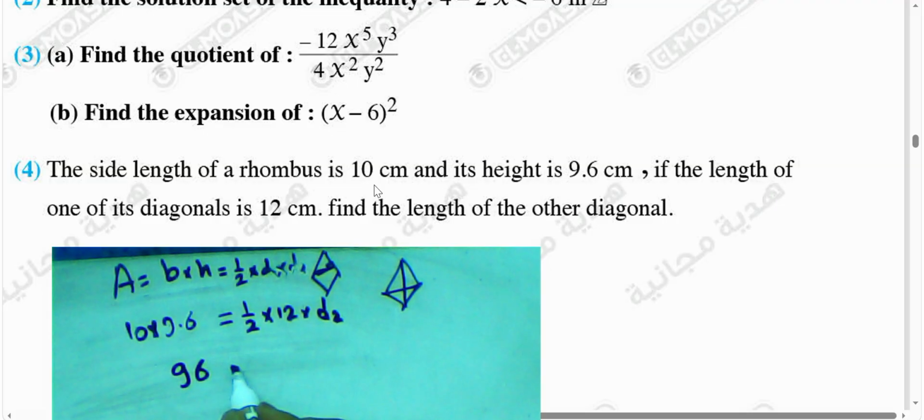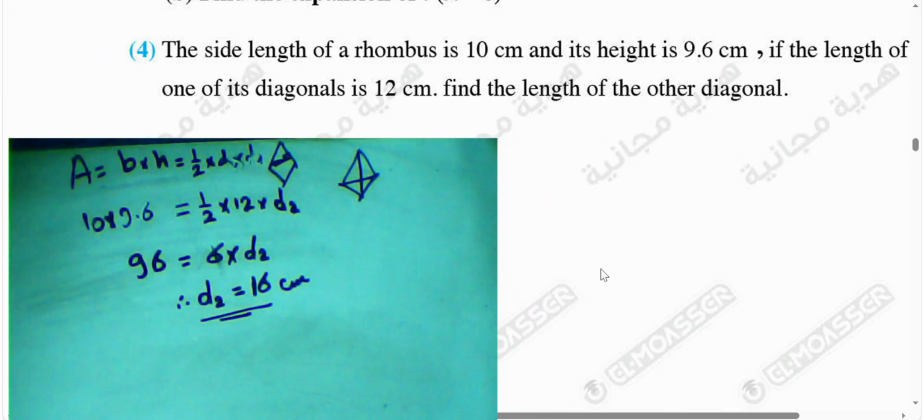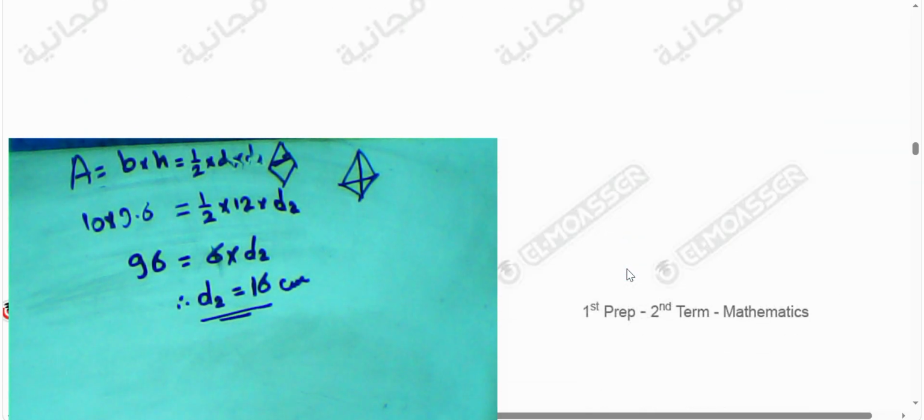The result here will be 96 equals half times 12, which is 6, times diagonal 2. Then diagonal 2 equals what? 96 divided by 6 equals 16. Then diagonal 2 will be 16 centimeters. We can divide 96 by 6. Next question.